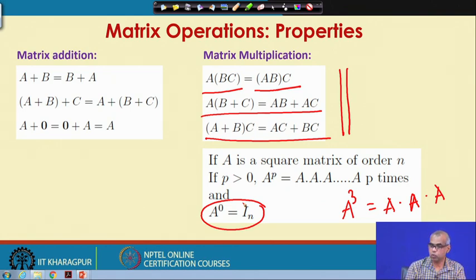So, if A is a square matrix of order n, A to the power 0 will be the identity matrix of order n. So, here the matrix is a square matrix.